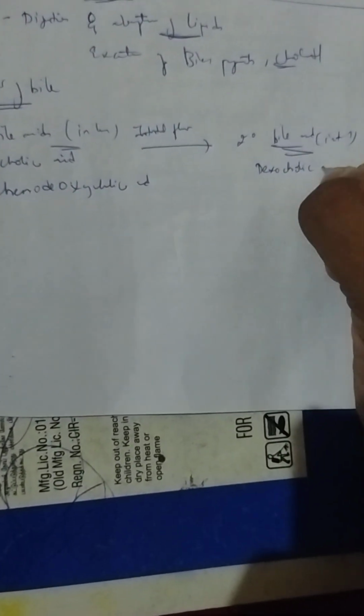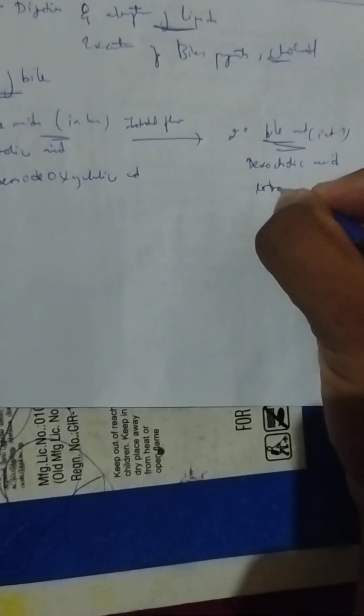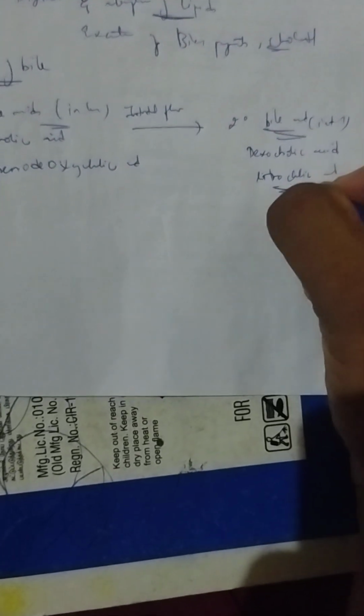Those are deoxycholic acid and lithocholic acid. These bile acids get conjugated in the liver with glycine or taurine to form bile salts. For example, sodium glycocholate. These are salts.